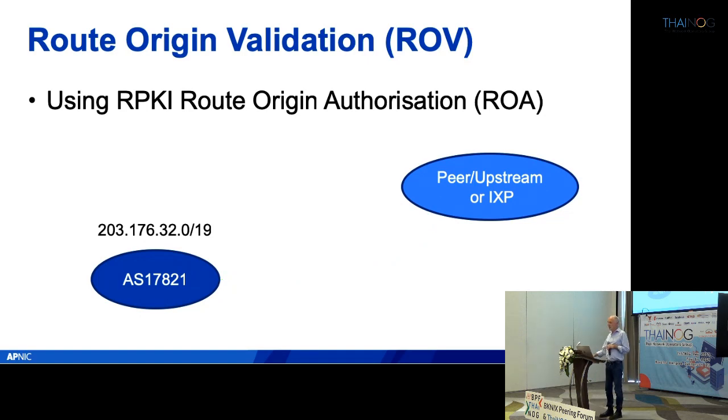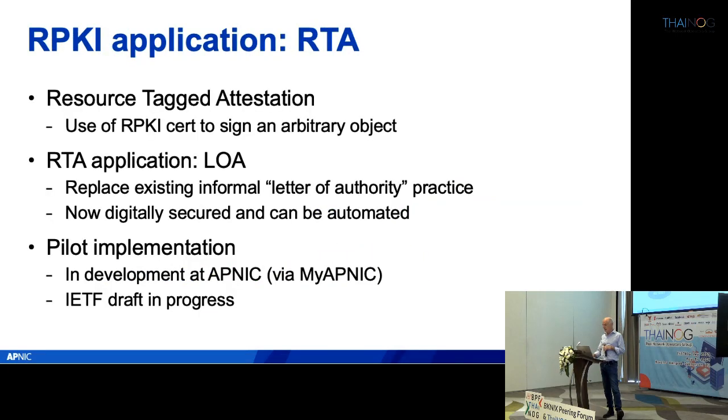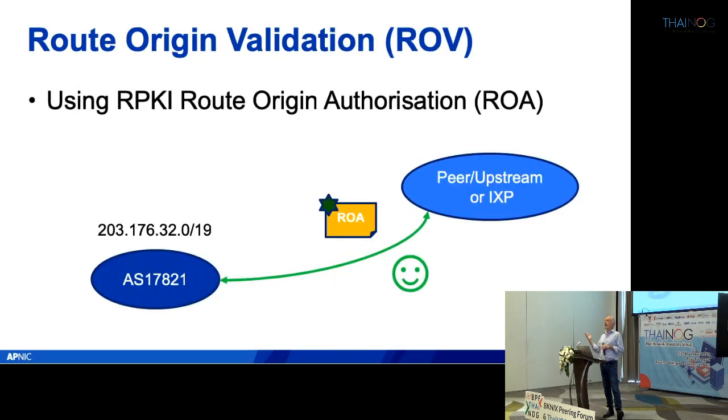The point of the ROA is that instead of a letter of authority, you've got this document saying that this autonomous system is authorized to route that piece of address space, and we can all be happier and trust, at least in terms of route origination, that it's being done according to the system.